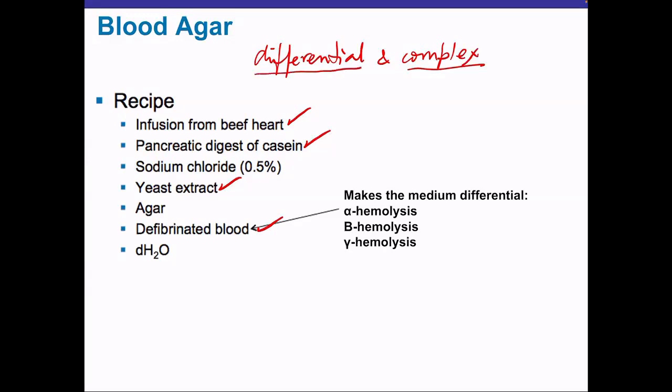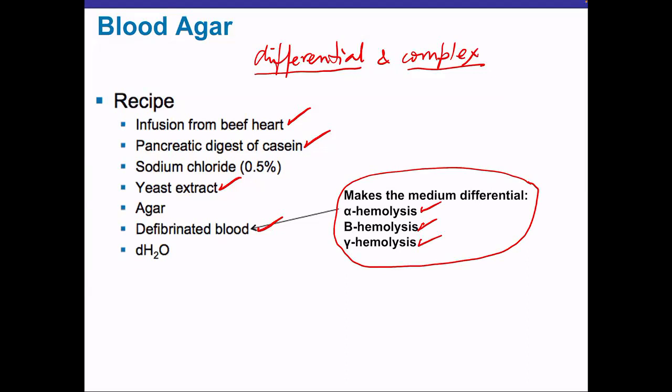And it's considered differential because with this medium, you can differentiate the microorganisms that are growing in it based on the ability to produce alpha hemolysis, beta hemolysis, or gamma hemolysis.